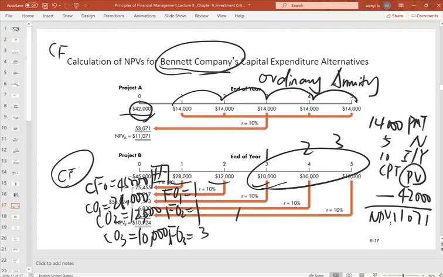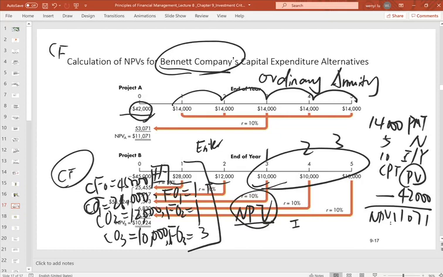Then you will press NPV. Don't forget to press enter each time you put a number into the key. Be careful. Once you finish this input, you press NPV to solve the net present value.